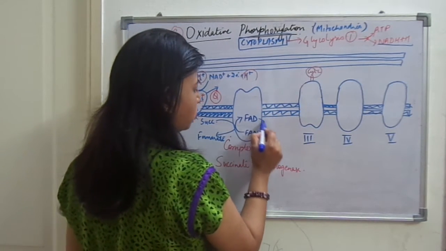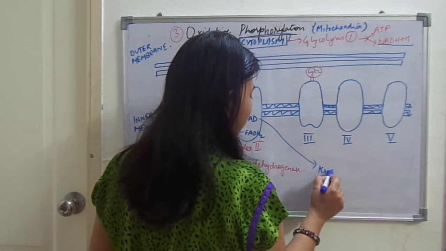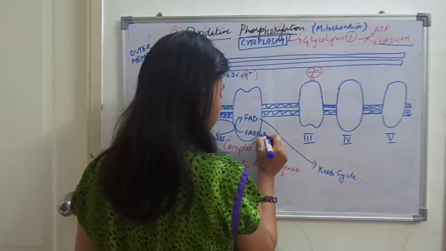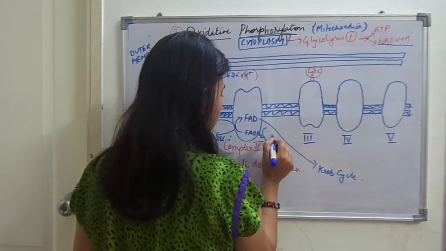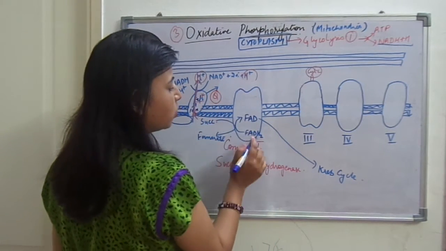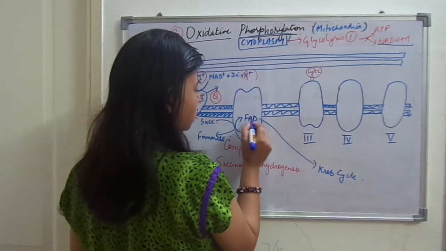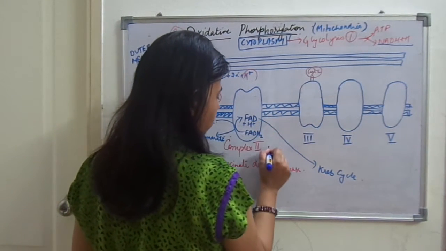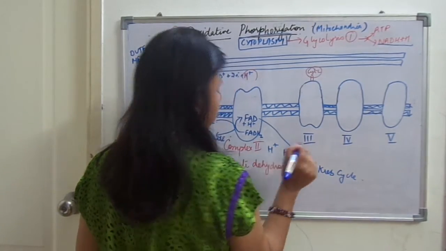FAD will go back to the Krebs cycle along with hydrogen ions. So these hydrogen ions will come to this side.